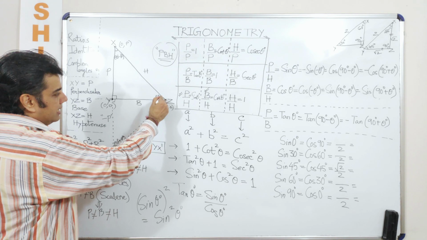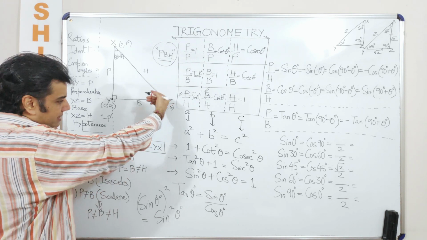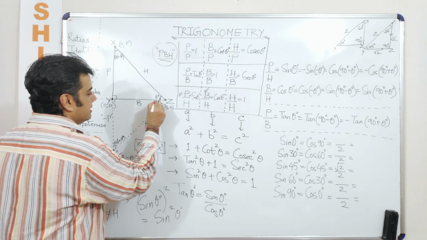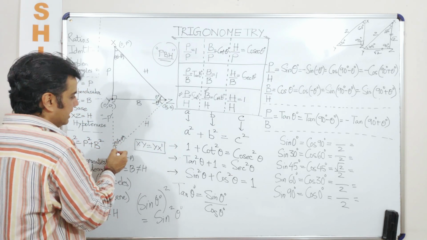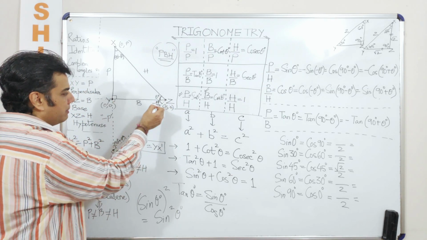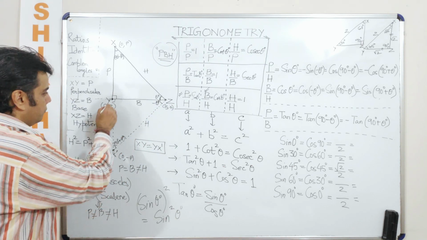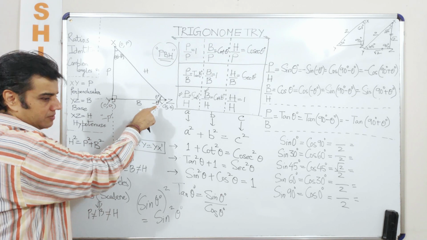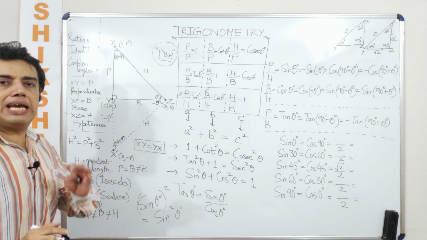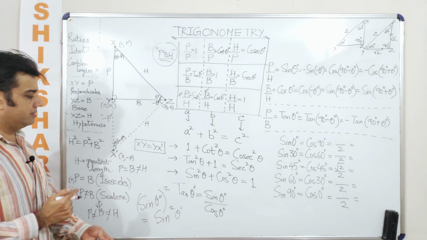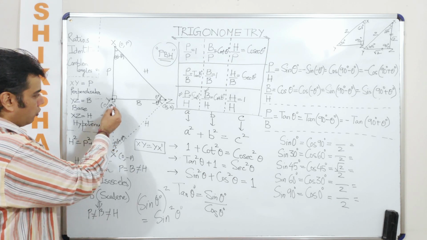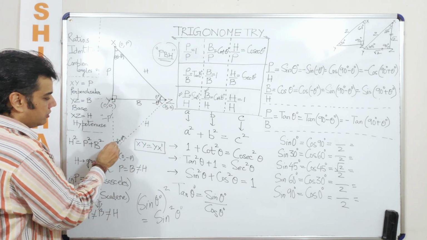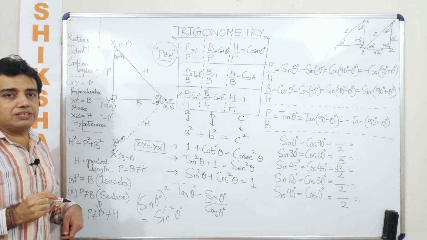Similarly, if I've taken this angle as theta degrees, and I'm taking a symmetric, I'm just taking a water image, I'm suggesting that take the angle X dash ZY as minus theta degrees. So we know that this is minus theta degrees, this is 90 degrees, 90 plus this makes it 90 minus theta, and you subtract it from 180 degrees. So in that case, the measure of the angle Y, X dash and Z comes out to be 90 degrees plus theta degrees.